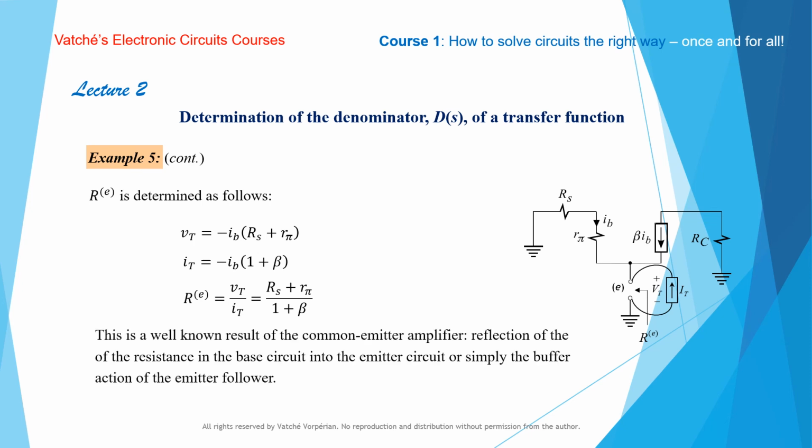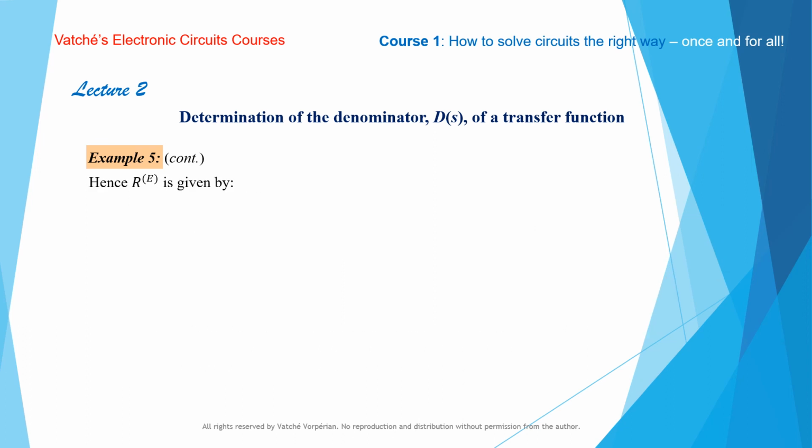This is a well-known result of the common emitter amplifier. It is the reflection of the resistance in the base circuit into the emitter circuit, or simply the buffer action of an emitter follower. Hence, R super capital E, which is the effective resistance seen by the capacitor in the emitter, is given by the parallel combination of the emitter resistor and R super little e.